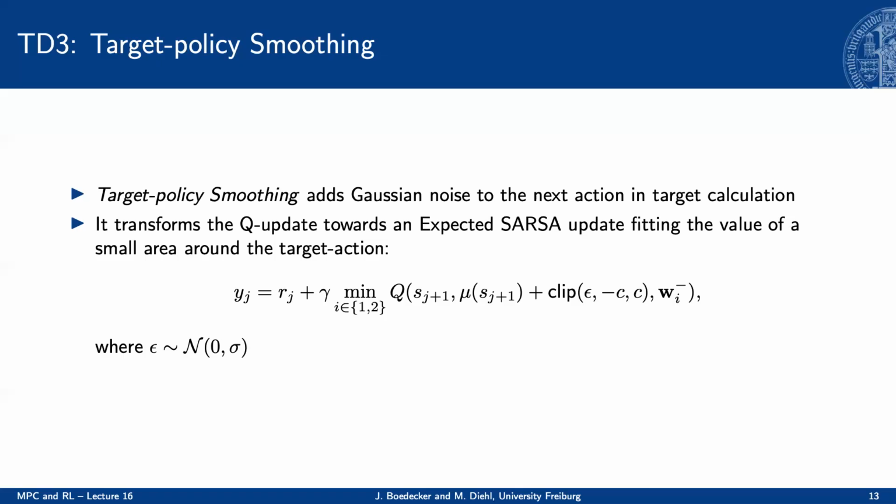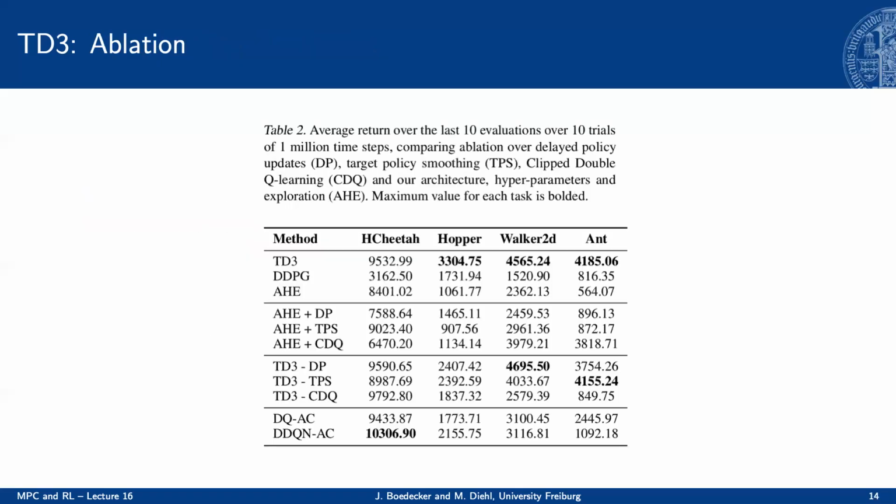Good, and these were things that were figured out and combined in this TD3 algorithm. Now they did an ablation study where they compared the full TD3 method, of course, to DDPG, which it's based on, and also AHE, which was architecture, hyperparameters, and exploration.